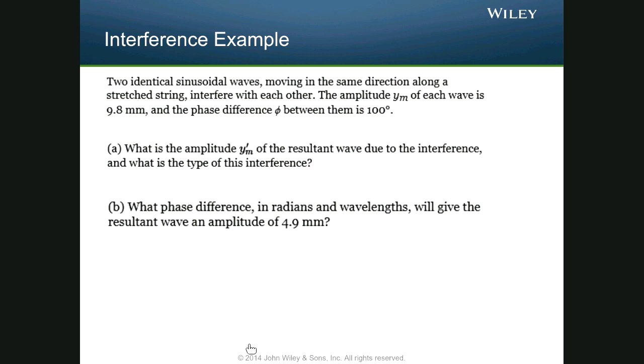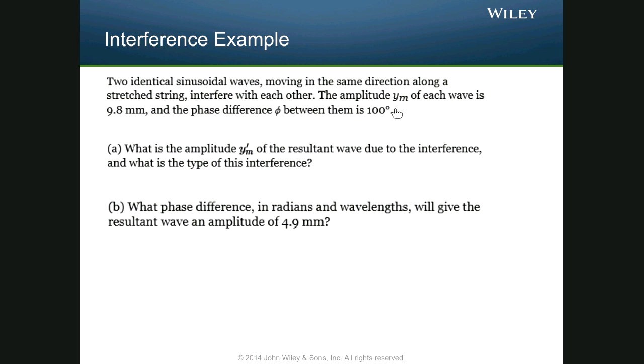So we have a little example to try this with, to make sure that it can work. I think we'll work on this one together. We have two identical sinusoidal waves moving in the same direction along a stretched string, and they interfere with each other. The amplitude of each wave is 9.8 millimeters, and the phase difference, phi, between them is 100.